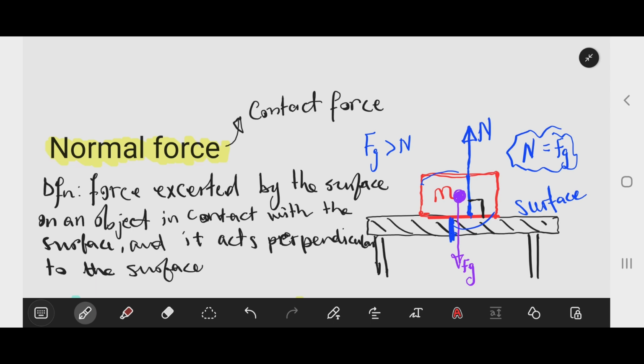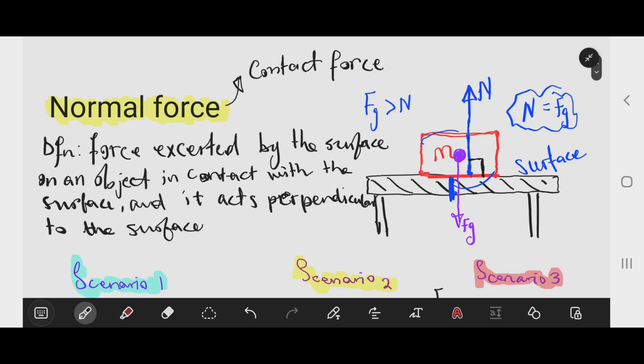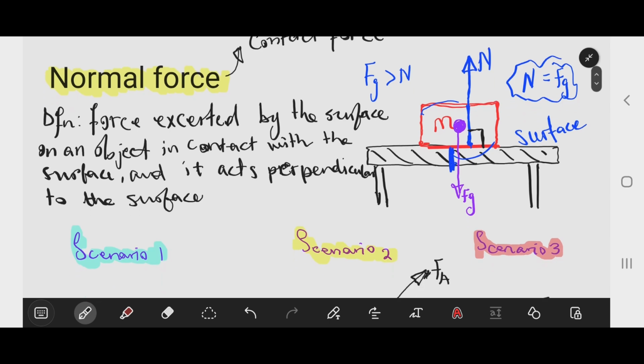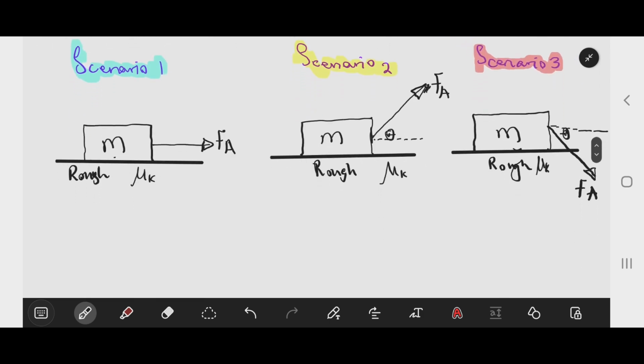So now I want to check how we actually calculate the normal force. You calculate your normal force using your F net in the y direction. Let us look at these three scenarios. In scenario number one, we have an object which is moving to the right on a rough surface.